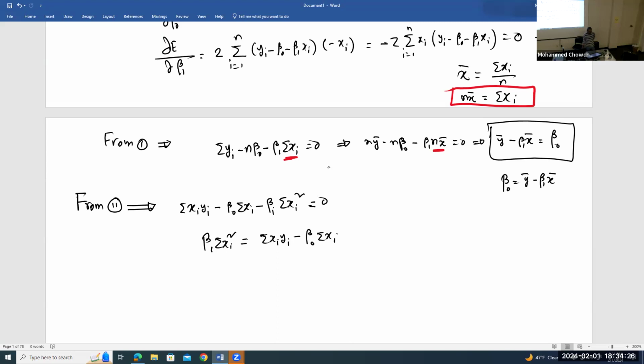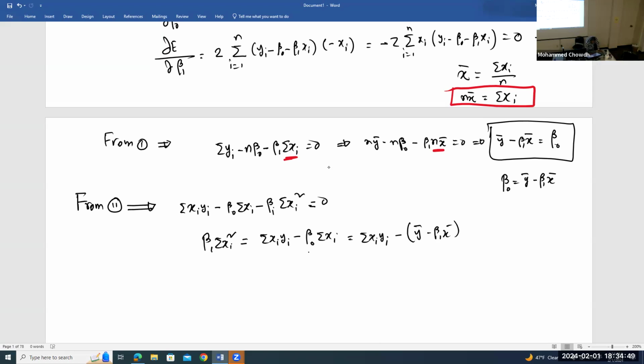Sum of xi, one side I took, so I get this one. Now I want to put there sum of xi yi as it is, and then I want to put beta 0's value in here, which is equal to y bar minus beta 1 x bar.